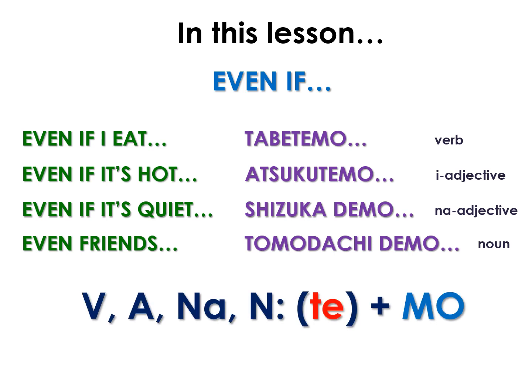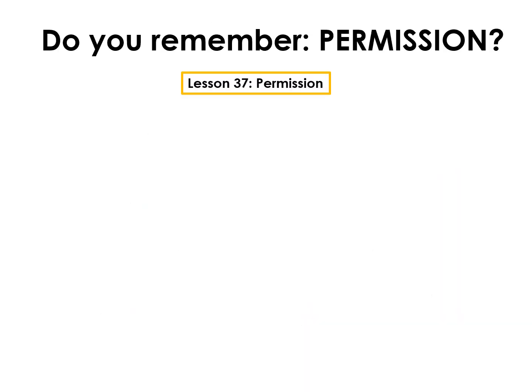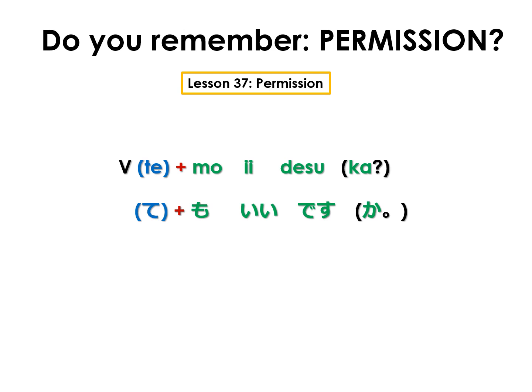The formula for making these conjugations is to take their te forms and add the particle mo. Do you remember the conjugation for asking or giving permission, which we learned in lesson 37? The formula for that was temo ii desu ka, to ask for permission, and temo ii desu, for giving permission.